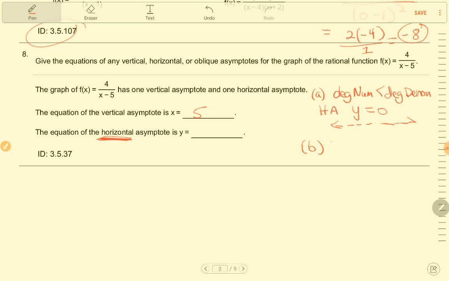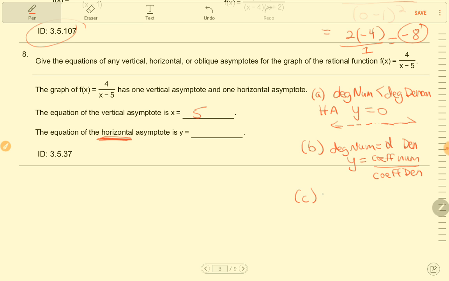Or you could have another case where you have a horizontal asymptote where the degree of the numerator is the same as the degree of the denominator. And then you would have y equals the coefficient of the numerator over the coefficient of the denominator.